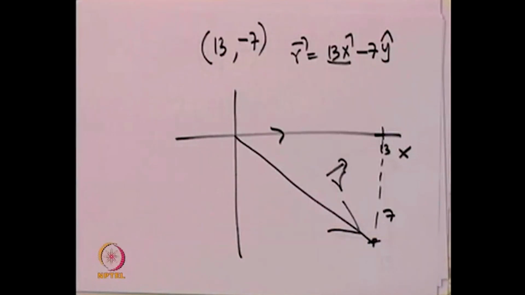So, two numbers represent a vector and these two numbers are the x component and y component. Any point you can see on a 2D plane can be represented by two numbers. They are called x component and y component.